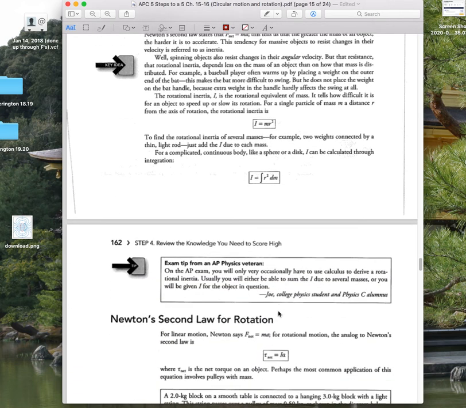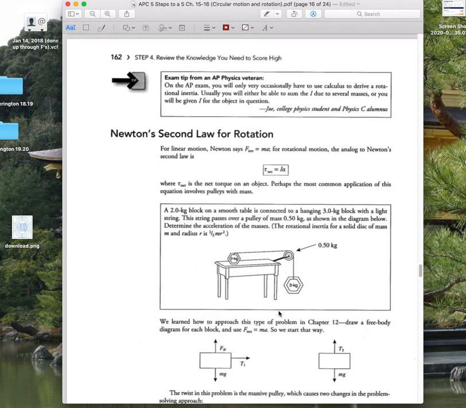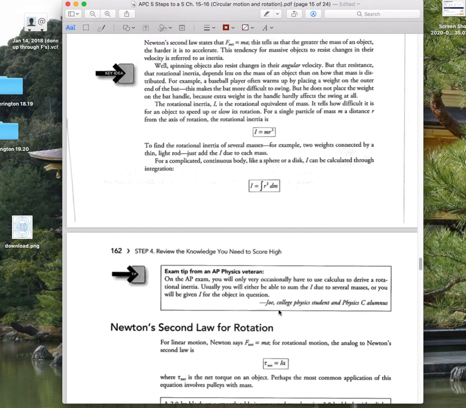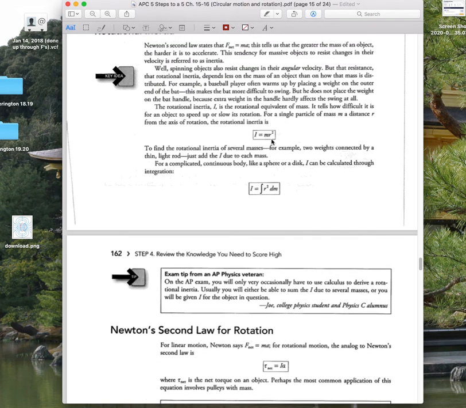So if we think about things, a sphere has a coefficient here of 0.4 mr squared. A hoop, where all the mass is on the outside, 100% of the radius, mr squared. A solid disk of uniform density, 0.5 mr squared. So they go through and talk about how to calculate those.